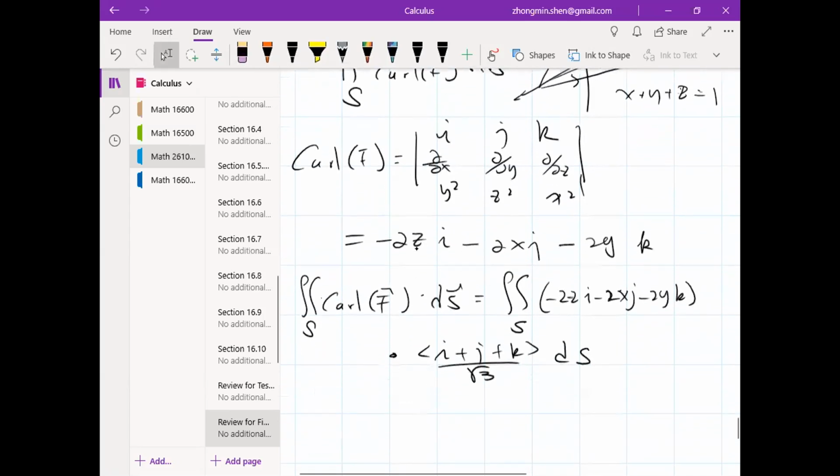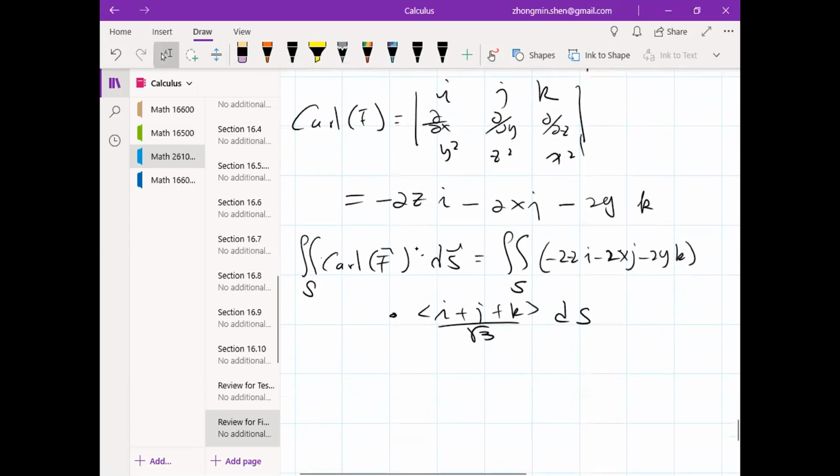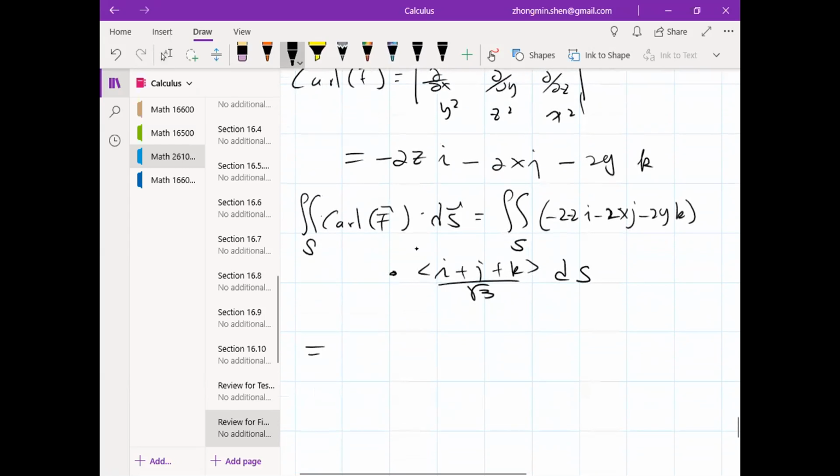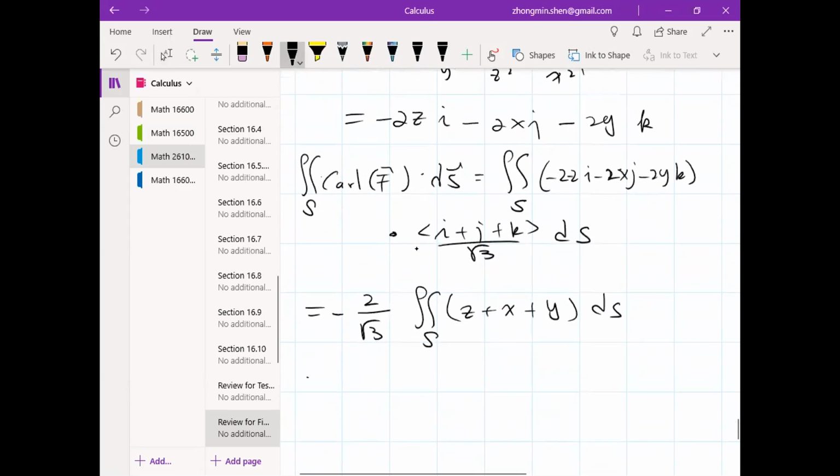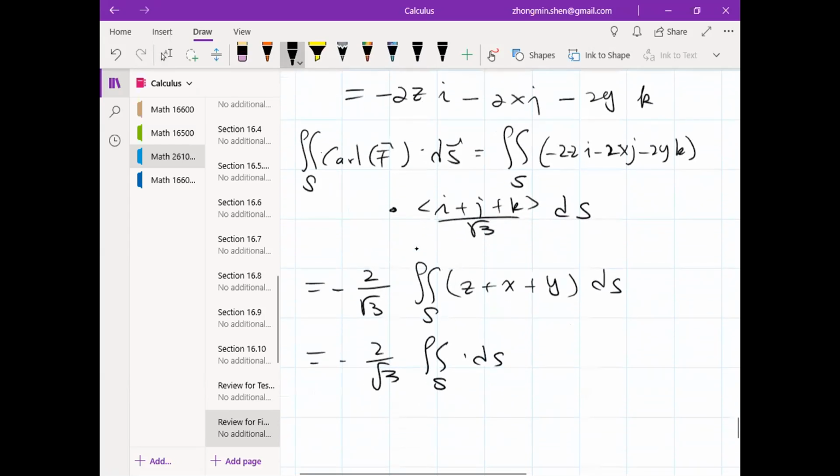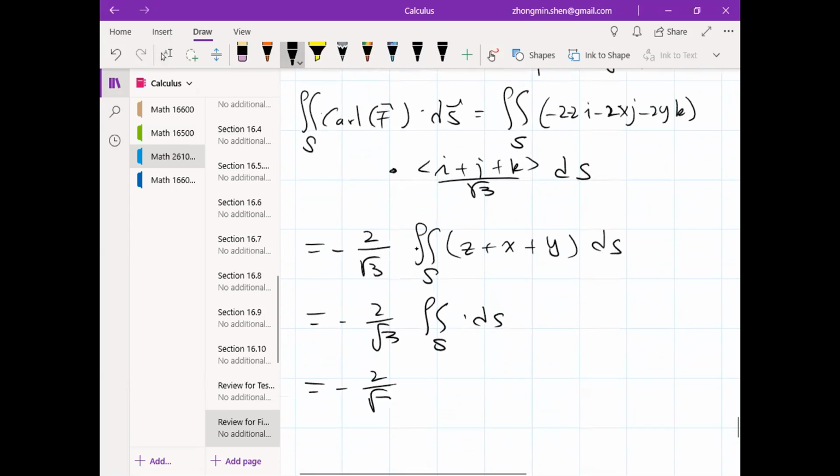This time the dS is just the area element. When you multiply this out, you will get negative 2 over square root of 3 times z plus x plus y. But over that plane, z plus x plus y is always going to be 1.